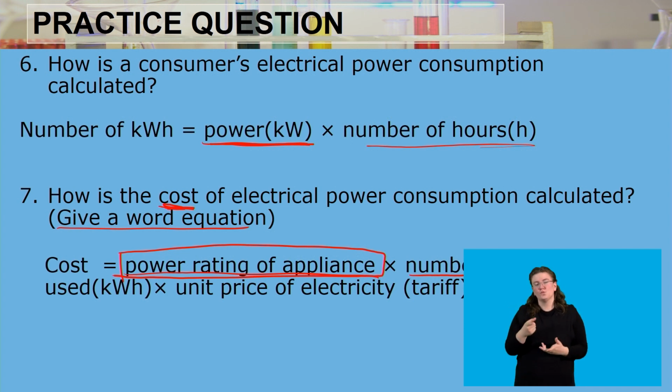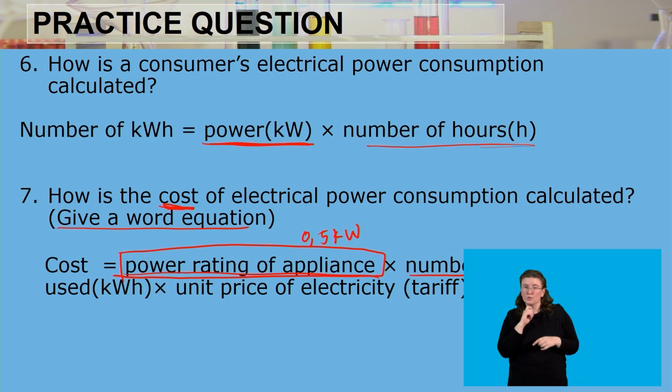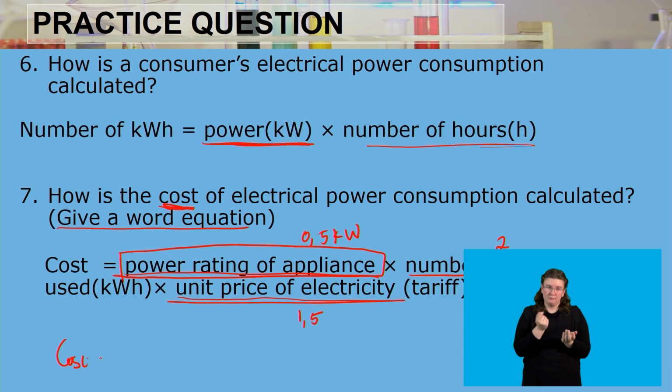So should you use an appliance that has a rating of, let's say, 0.5 kilowatts, and you're going to be using that appliance for, let's say, 2 hours, you're going to multiply that by 2. Then if we are told that the unit price of electricity, or the tariff, is, let's say, 1 rand and 50 cents, then our cost is going to be 0.5 multiplied by the 2, and then multiplied by the 1.5.